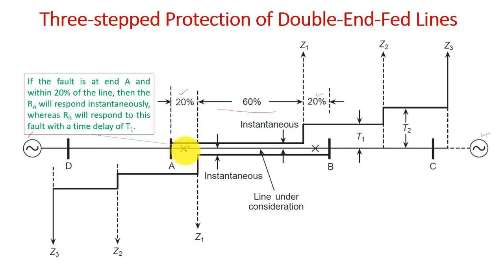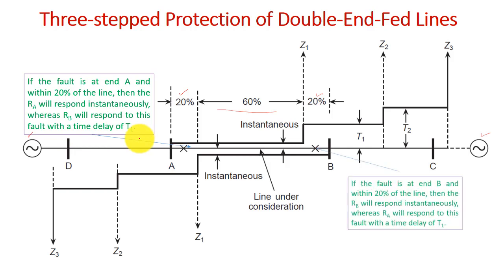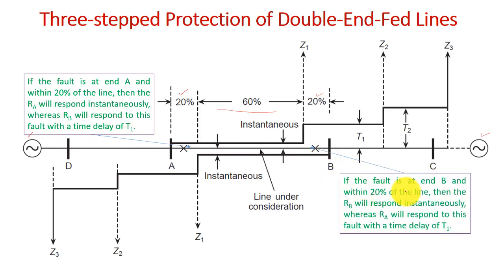Okay, further, so already we discussed this. If the fault is at end A and within 20% of the line, then RA will respond instantaneously, whereas RB will respond to this fault with a time delay of T1. And similarly if the fault is at end B and within 20% of the line, then RB will respond instantaneously, whereas RA will respond to this fault with a time delay T1.